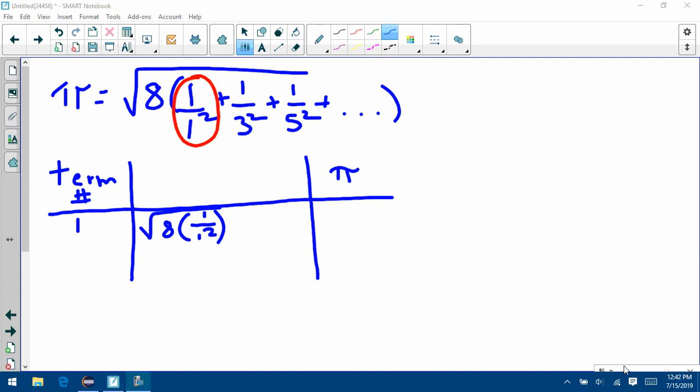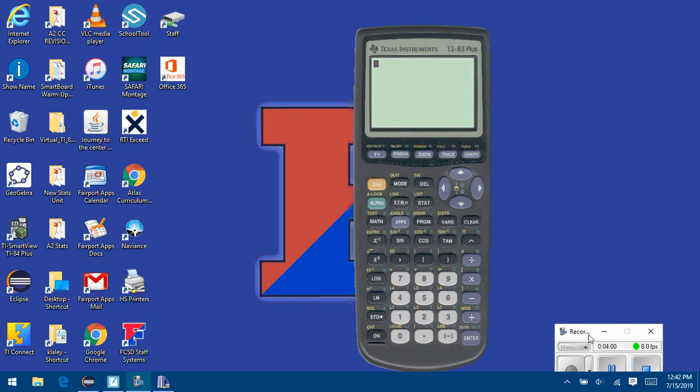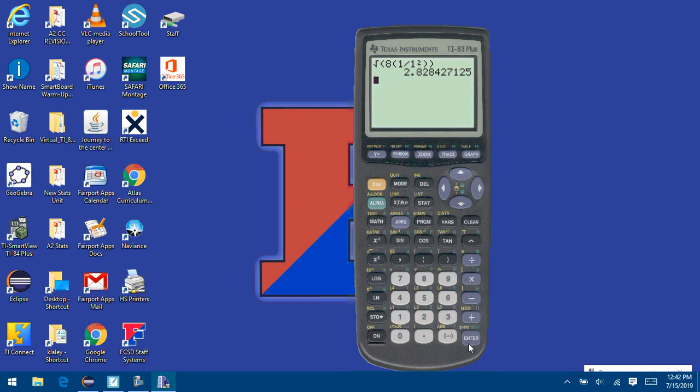So let me bring up my calculator and show you what this becomes. Okay, so here's the calculator. And it's just the square root of 8 times 1 over 1 squared. I get 2.828427, etc. So we'll say 2.828 for our purposes here.